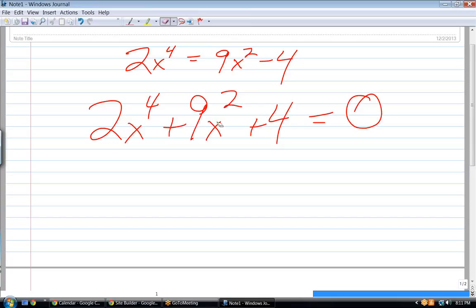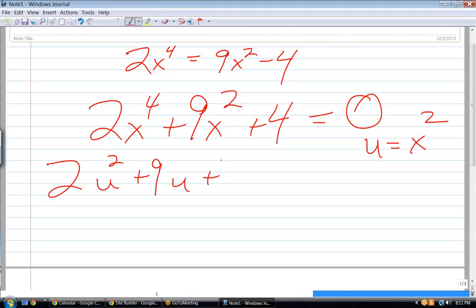So the way to find the roots is we know how to use U substitution. So we're going to let u equal x squared, and we're going to have 2u squared plus 9u plus 4 equals 0.